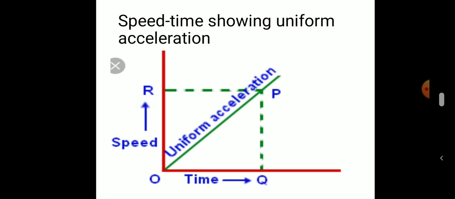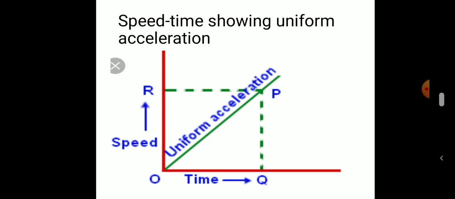Before that, let us understand this graph. The graph shows the relation between speed and time, where an object is moving with uniform acceleration. Uniform acceleration means the velocity is increasing at a constant rate. As we know that speed is a function of time, we have taken speed on the y-axis and time on the x-axis.